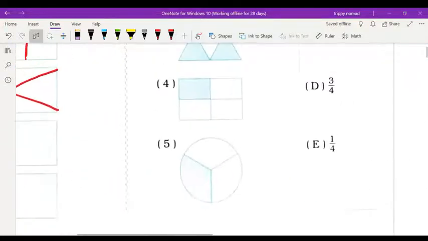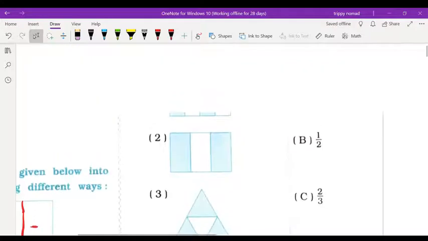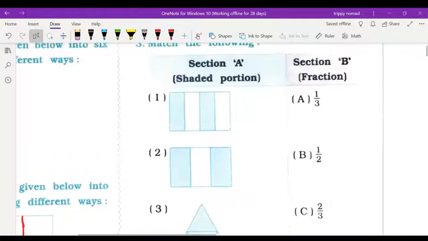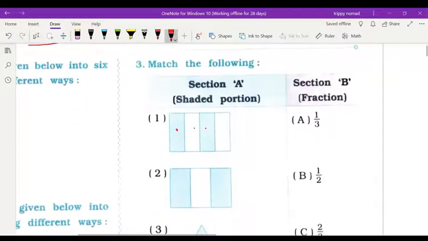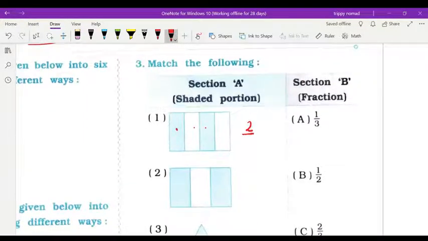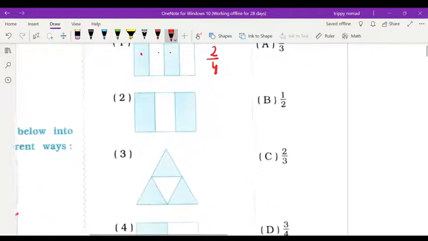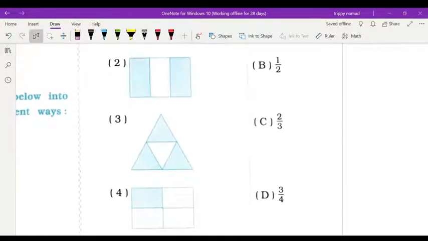Now we will discuss question number three. Match the following. Match section A and section B, children. Total 1 2 3 4. So the shaded portion here is 2, out of 4, so 2 by 4. You will find where 2 by 4 is written. Is it written there?